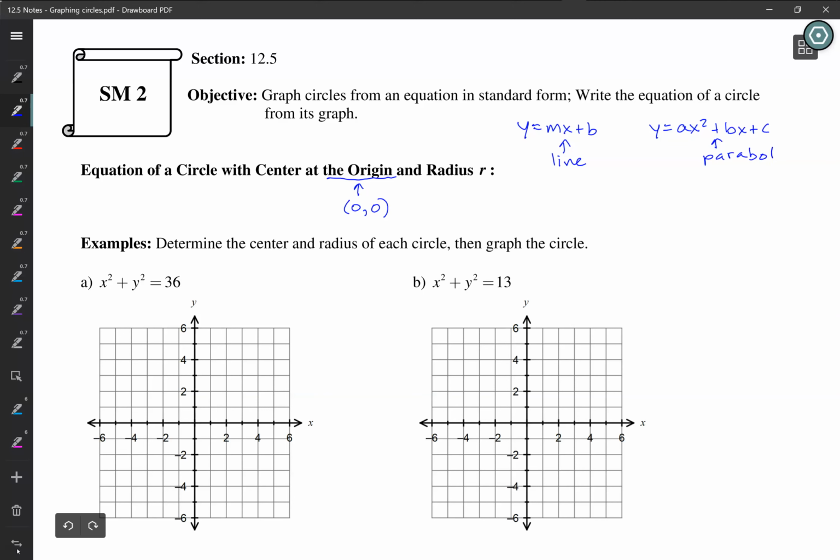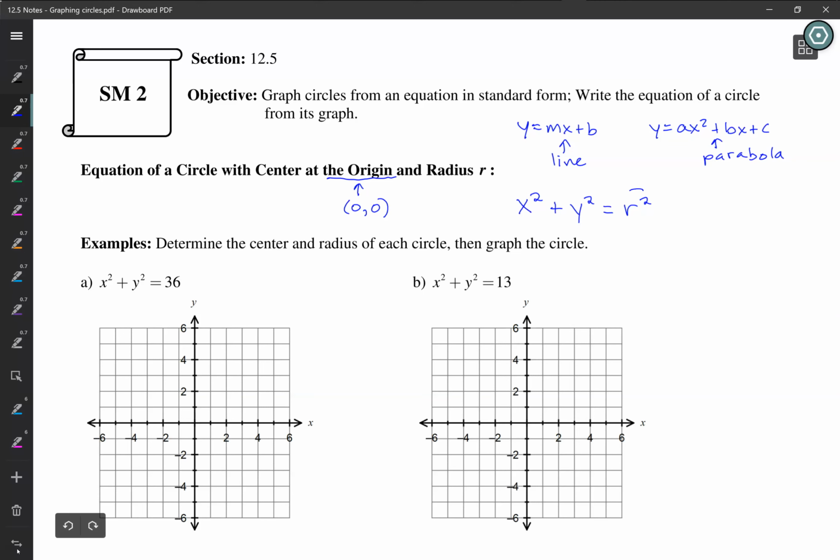The equation of a circle looks a little bit different because it doesn't start y equals. The x and the y are going to be on the same side. If the center of the circle is at 0, 0, the equation looks like x squared plus y squared equals r squared.